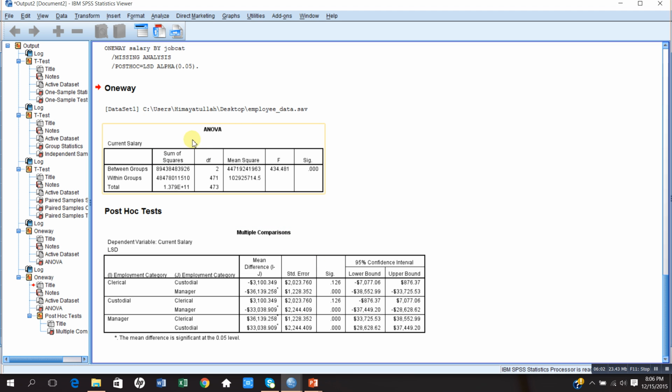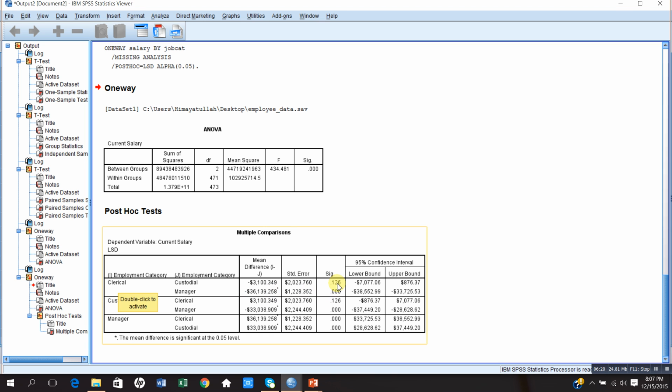This is again the same table that I just discussed, and now this is the multiple comparison table. I have three categories. First I would like to compare the average salary of clerical staff with the average salary of custodial staff, and for this group the significance is 0.126.